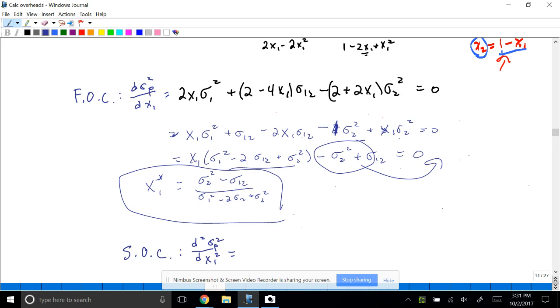And it turns out that if the correlation between asset 1 and 2 is less than 1, this will always be positive, and that's going to be positive. So this will be a positive weight. All right, so that's the first order condition.